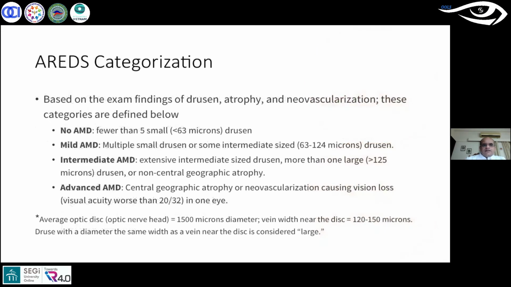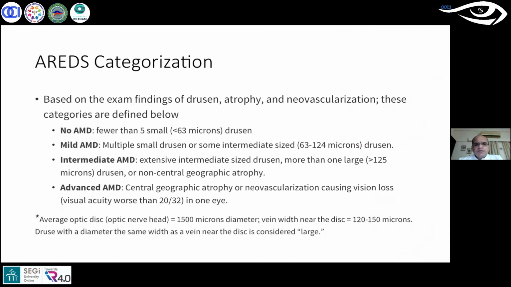The AREDS was the Age-Related Eye Disease Study, in which they classified patients to allocate these patients to different groups. This was based on a clinical examination of the patients, where patients with fewer than 5 small drusen, which were less than 60 microns, were classified as no AMD.